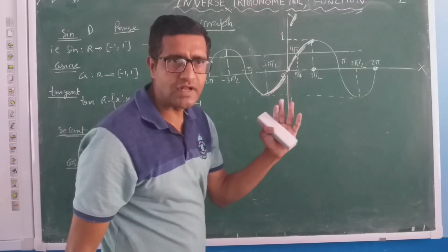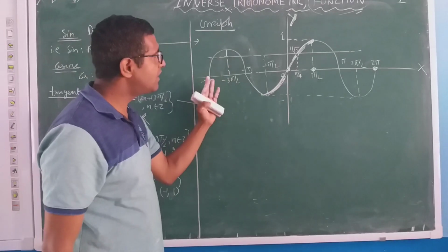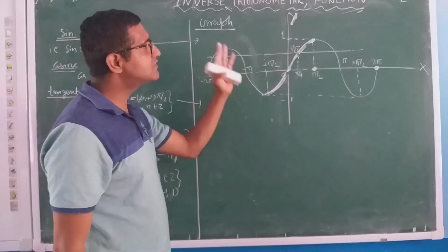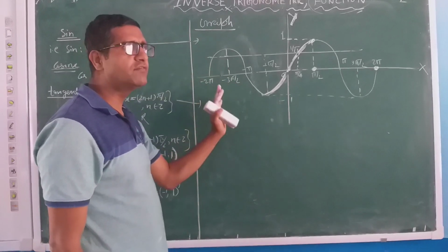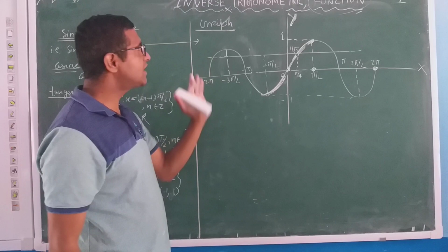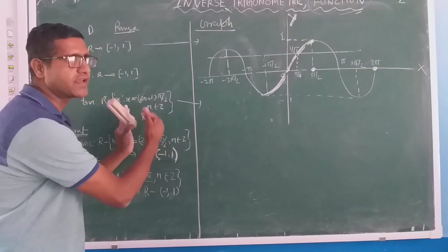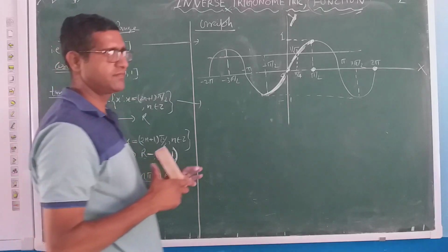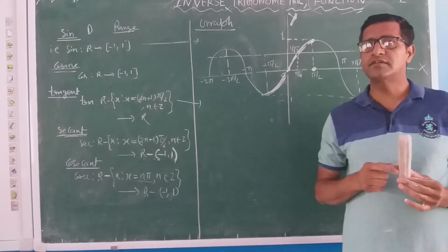So my dear students, what I want to say is that from this graph, this function is many-one type. That is, it is not one-one and onto. So we cannot find the inverse of a trigonometric function like this. But why do we still need to find the inverse?